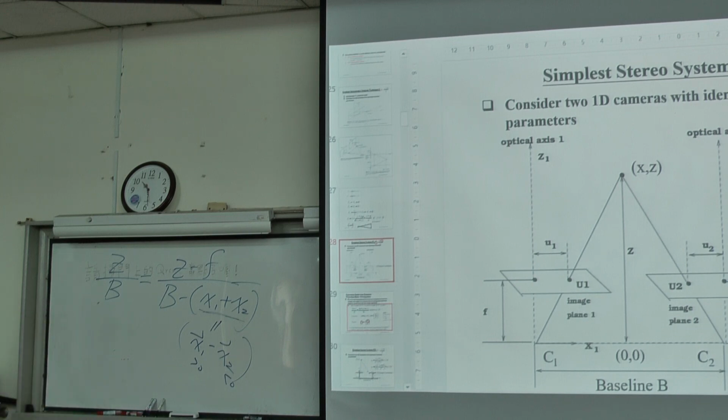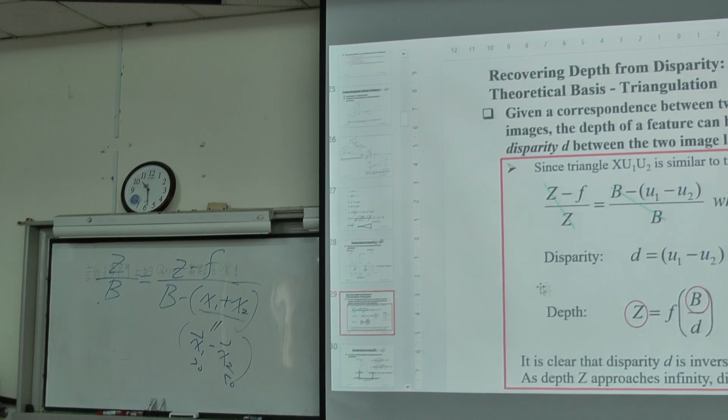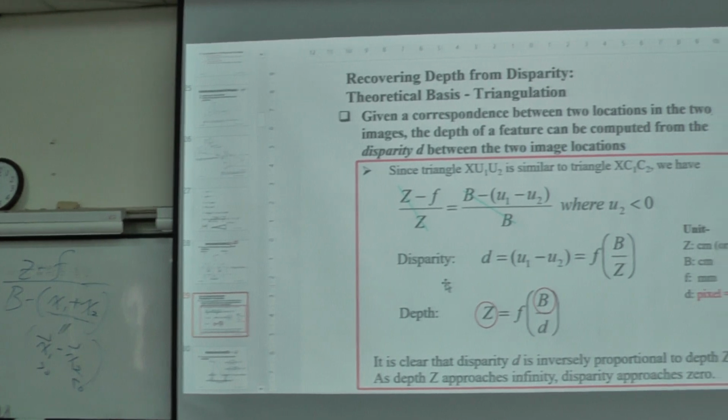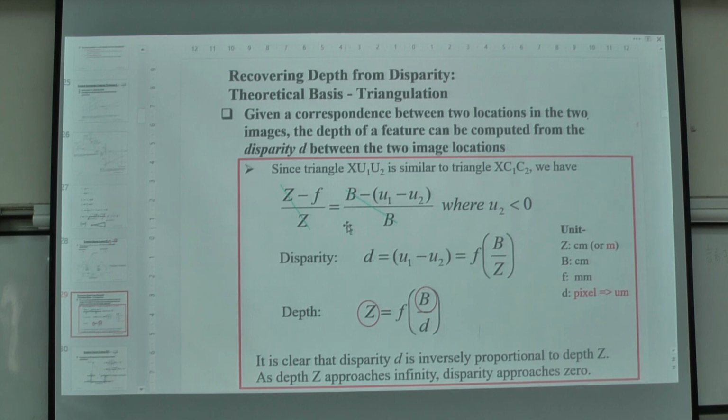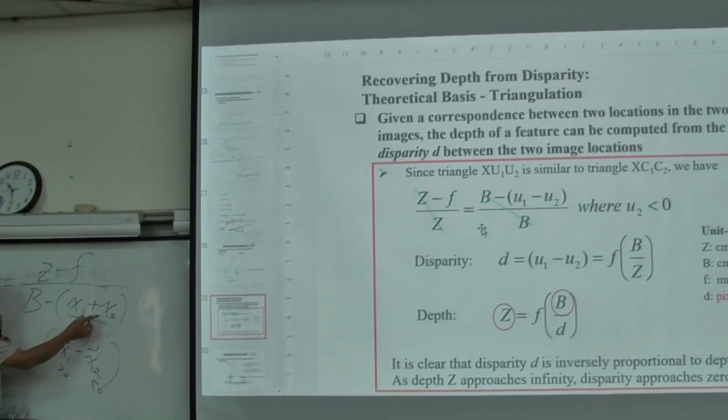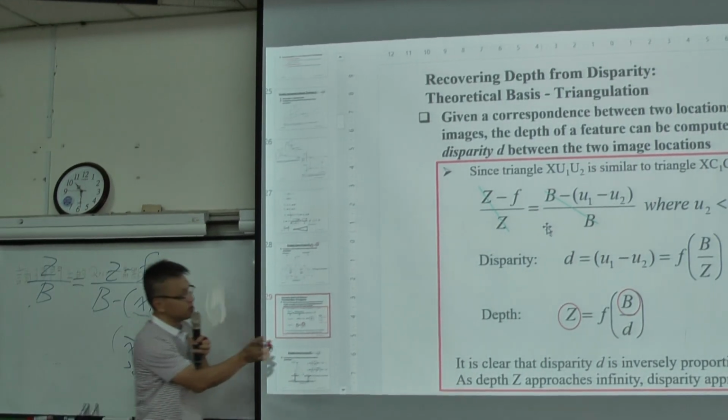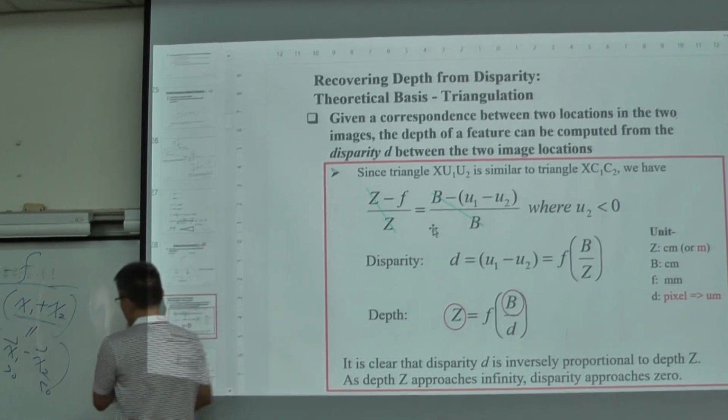that's the next page. 我把写相反，抱歉。那这个 called disparity，两点的距离，the distance between 2 points.